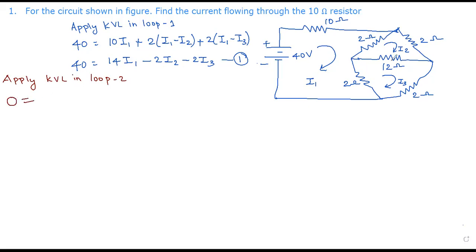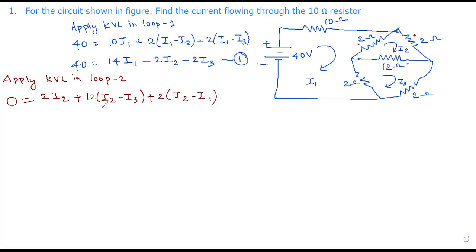0 equals 2 into I2, for this resistor, plus, again, for the 12 ohm resistor, the current I2 goes from right to left and I3 goes from left to right, so 12 into (I2 minus I3), plus, again, for this 2 ohm resistor, 2 into (I2 minus I1).